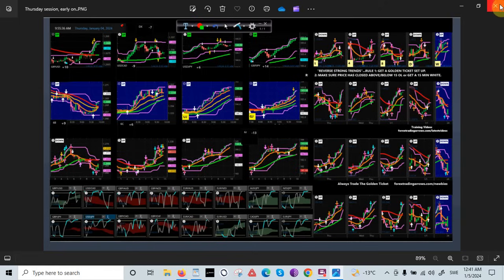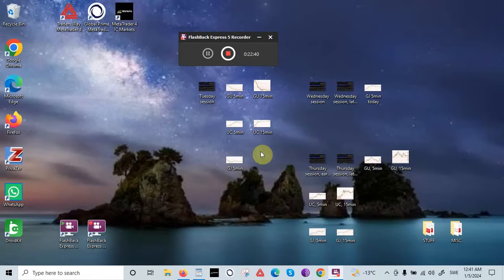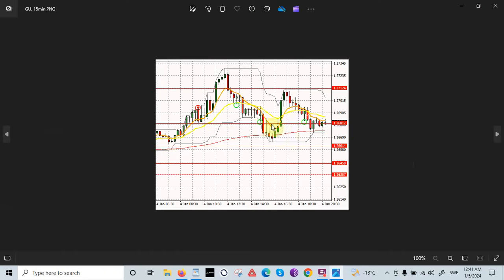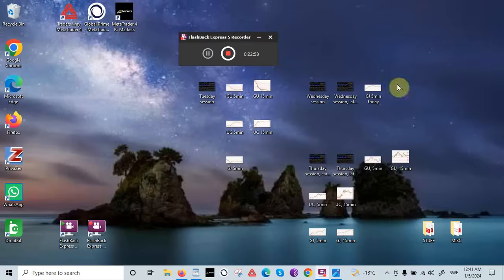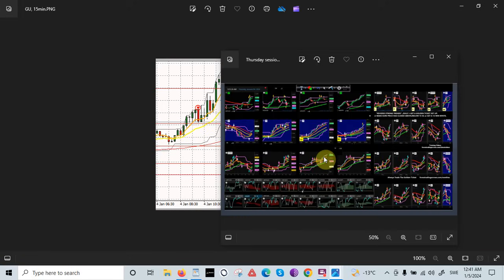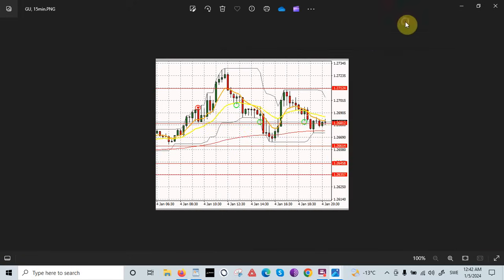Now the same situation. Look, I'll close this for simplicity's sake. Now this is GU. In a session, Jazz pointed out this little move, but if you take a look, before it came here, you had such a great close.